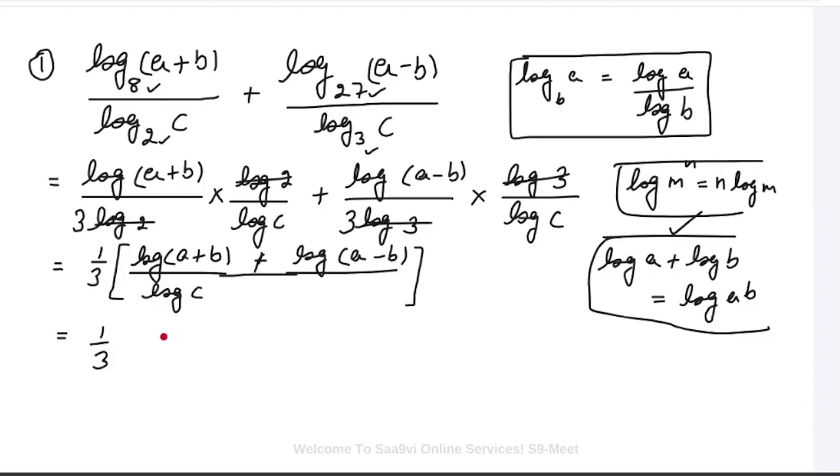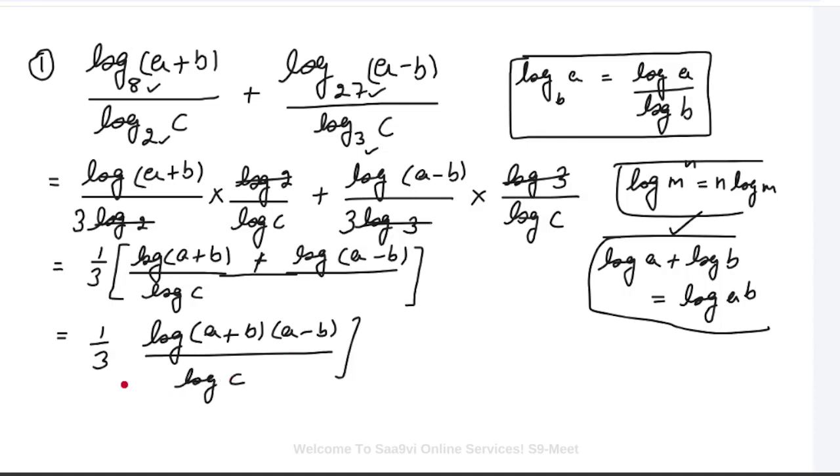So we can say log of (A plus B) into (A minus B) divided by log C, which can be converted into log of A square minus B square divided by log C.